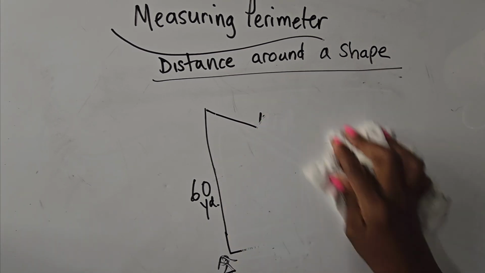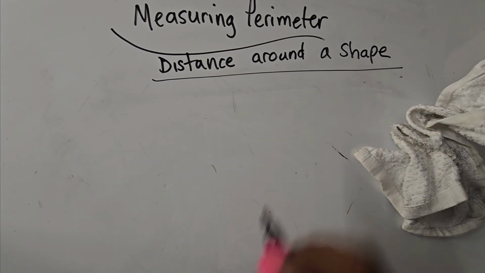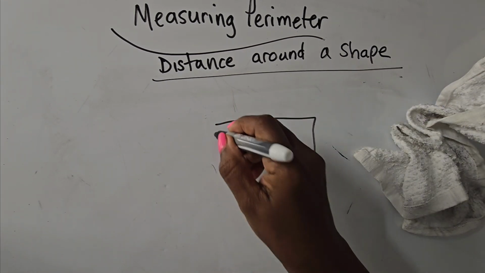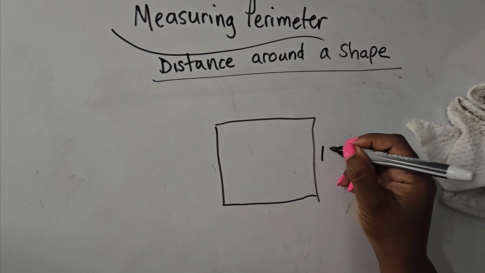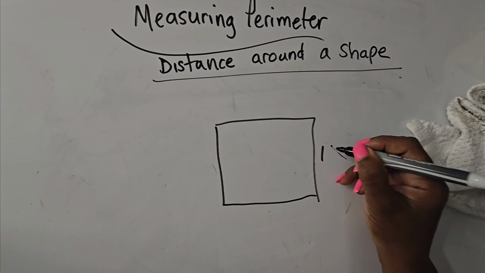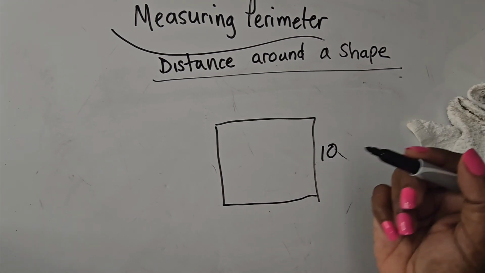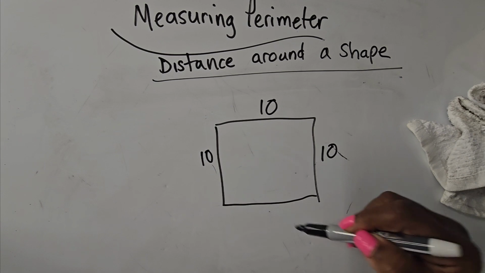Let's try another one. It's pretty easy, and it doesn't matter the shape. Here is a square. If this side is 10, even though it doesn't look it, all the sides are equal in a square.